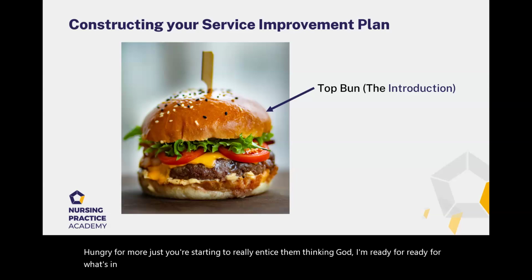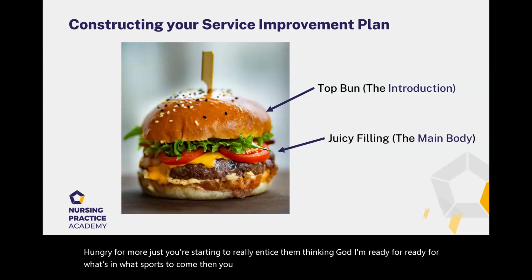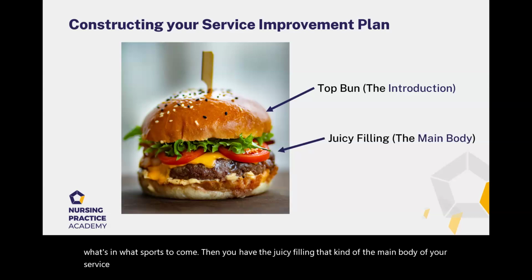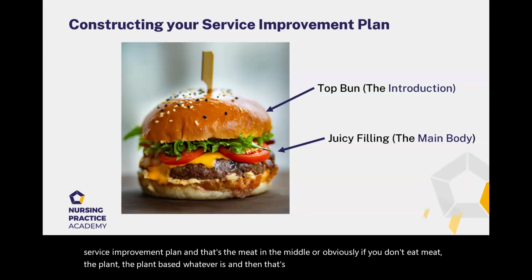Then you have the juicy filling, the main body of your service improvement plan, and that's the meat in the middle, or if you don't eat meat, the plant-based option. That's where all the flavors come in, and you have that core content.